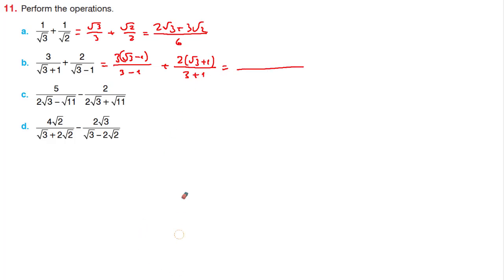Actually, it's not plus, here it's minus. So we'll get a common denominator 2, so 3 root of 3 plus 2 root of 3 makes 5 root of 3 minus 3 plus 1, negative 3 plus 2, actually, it's negative 1. And this is the best we can do here.